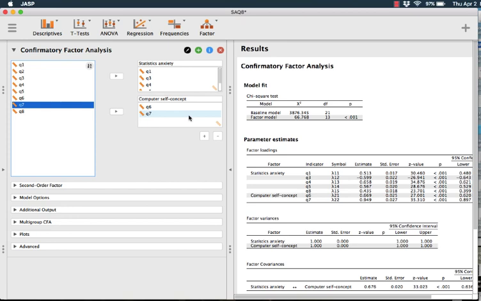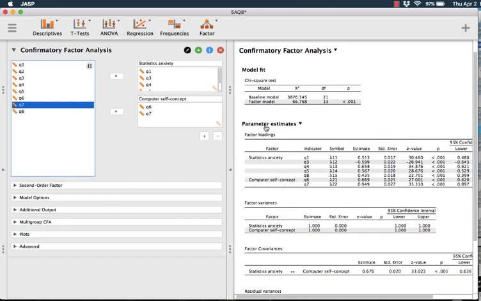Remember, we had several things to estimate. We had the loadings of the factors. We assumed the factor variances were 1 each, but we did have a factor covariance, so that will need to be estimated. And we also had residual variances on each of the items that needed to be estimated.